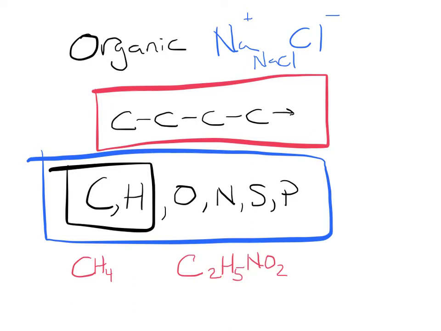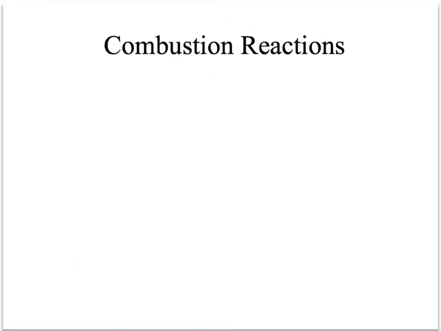One of the ways that they can figure out what the formula is, is to burn them. So if we think of a combustion reaction, we learned it's a hydrocarbon that's reacting with oxygen to produce carbon dioxide and water.